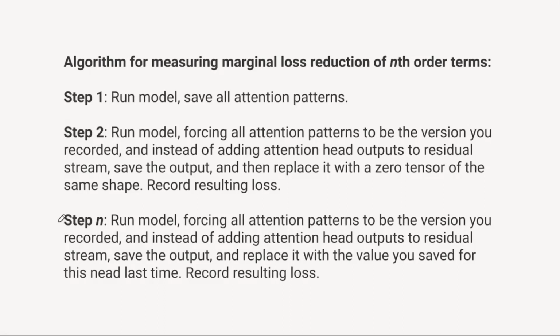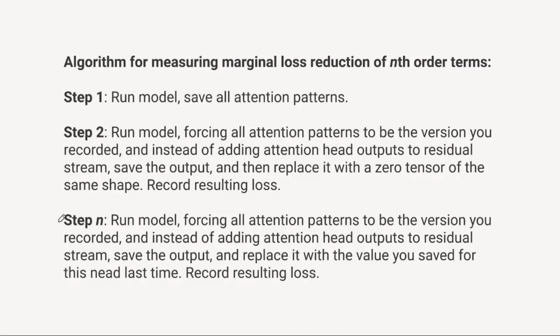The nice thing about this is that all of the attention heads only saw at most n-1 attention heads, or were only affected by n-1 attention heads, at least through the OV circuit, not through the effects on attention patterns. But if you hold the attention patterns fixed, then that's true.